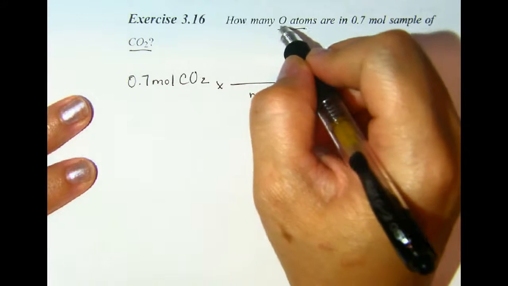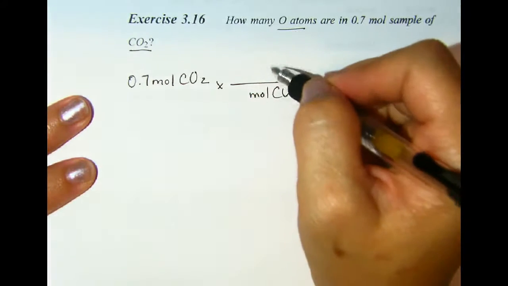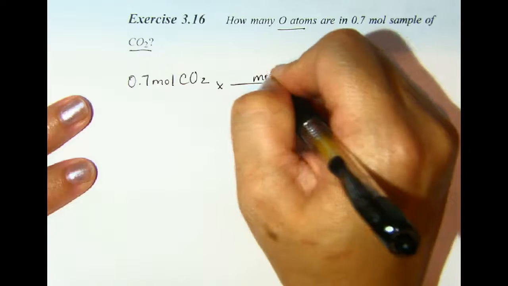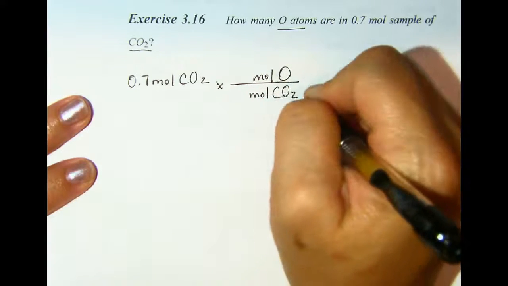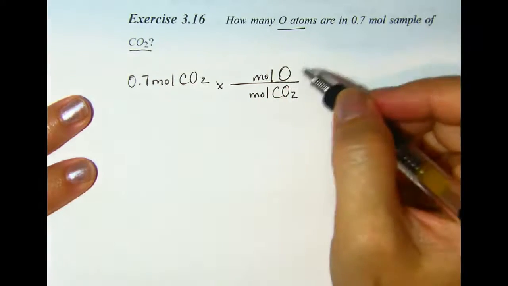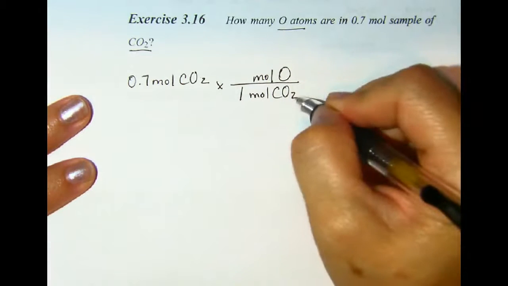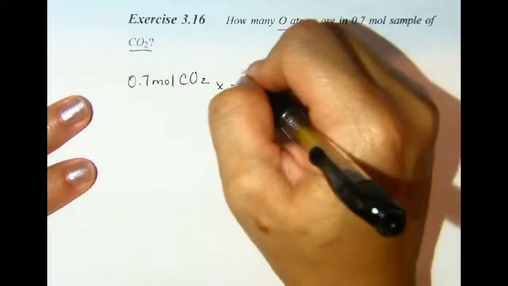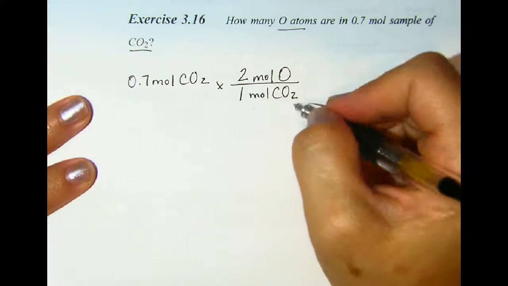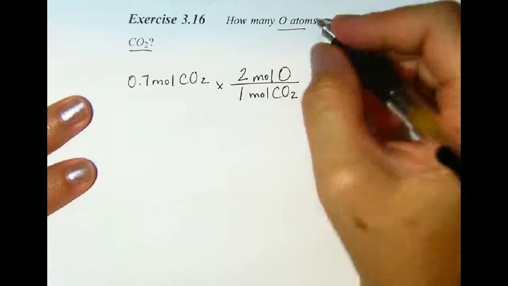I'm asked for atoms of just the oxygen. So what I want to do here is a mole to mole ratio from CO2 to just O. If I have 1 mole of CO2, since there are 2 atoms of oxygen here, that means I have 2 moles worth of oxygens for every 1 mole's worth of CO2.